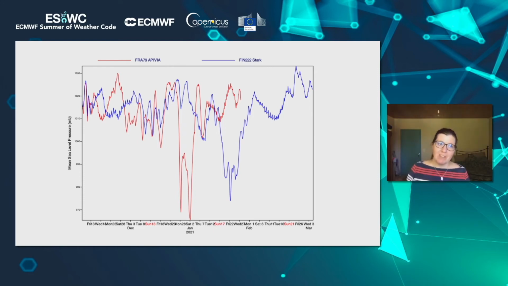But it's always a balancing act between how strong a wind you want to be in versus how difficult it is to manage the boat and get rest while in these stronger conditions. But this is showing the mean sea level pressure trace for the first boat to finish and the last boat to finish.